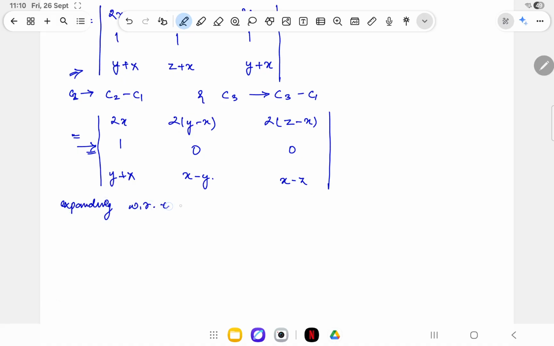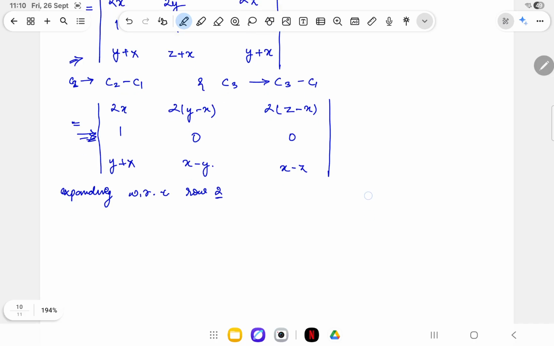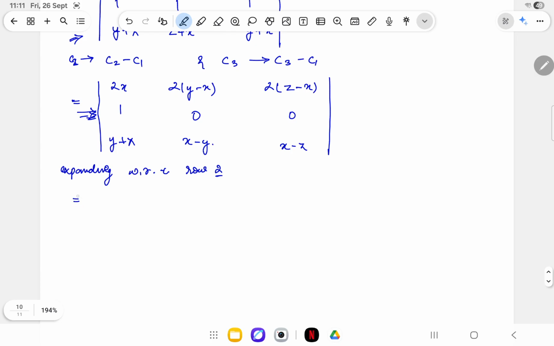Now if I expand it with respect to row 2, you can expand it with respect to any row, but this will make my calculation easy because there are 2 zeros in it. So if I expand it, it will be 2 times y minus x into x minus z minus 2 times z minus x into x minus y.